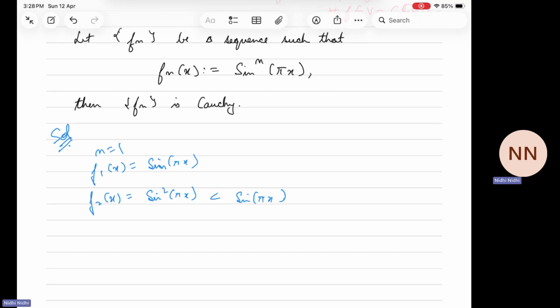How am I saying this? Because our domain x is between 0 and 1, so pi x is between 0 and pi. And between 0 and pi, we know that the function sine pi x is positive, and this will be less than 1 also.